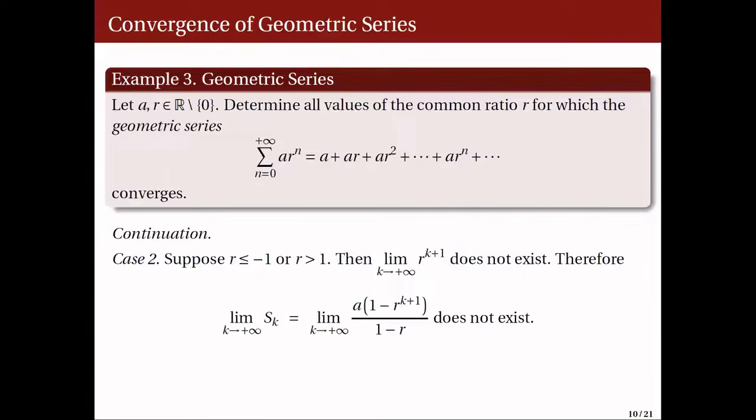Therefore, the limit of the kth partial sums as k goes to infinity will not exist. This will not exist since this quantity will either go to positive or negative infinity. Hence, the series diverges.